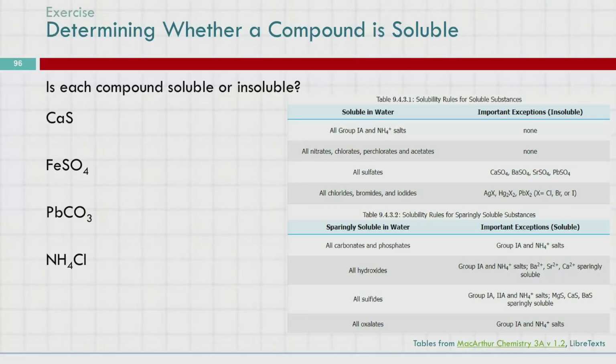All right, that was a little bit of time to look at stuff, so we'll go through it. First up, calcium sulfide. For at least this version of the solubility table, you do need to know the nomenclature. So this is calcium sulfide, which means that it's a sulfide.